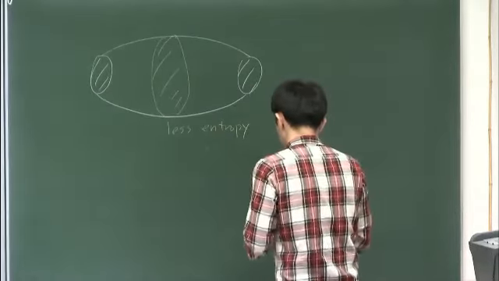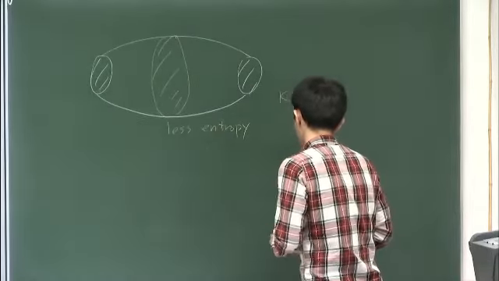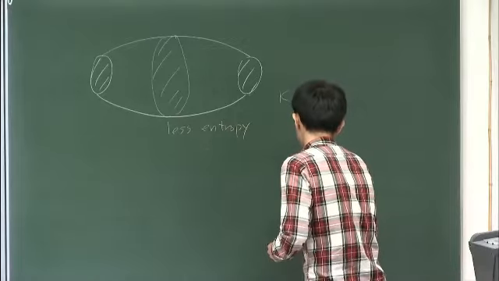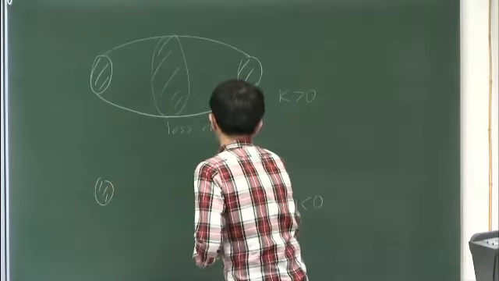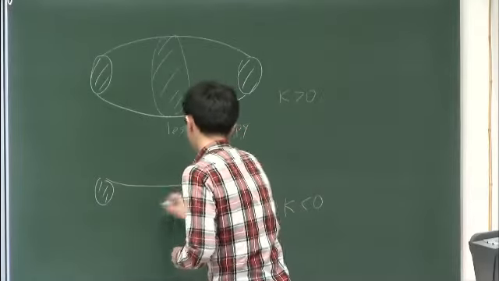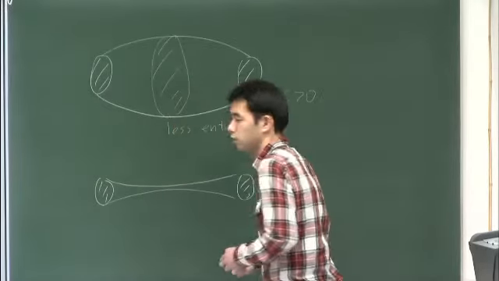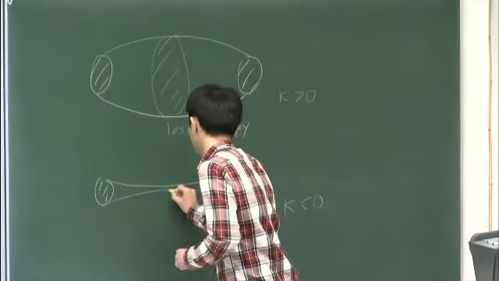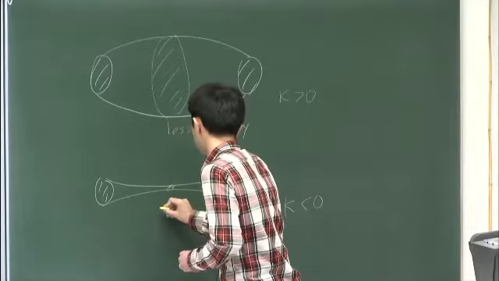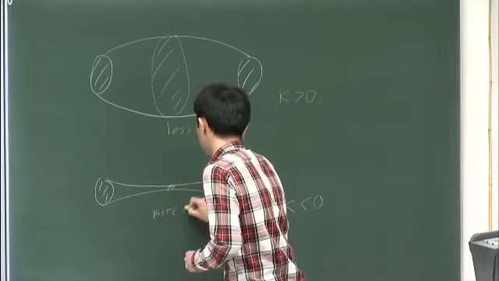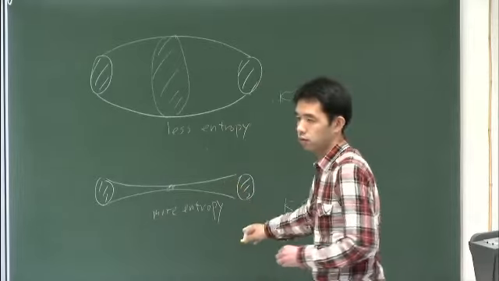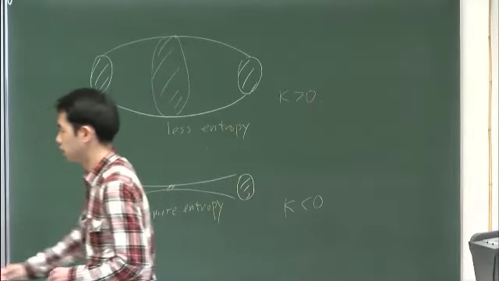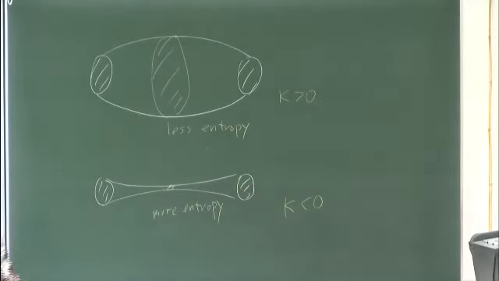And in the negatively curved case, we have a different picture. The intermediate measure is more and more concentrated. Then this has more entropy than the endpoints, so the entropy is not so convex in this case.